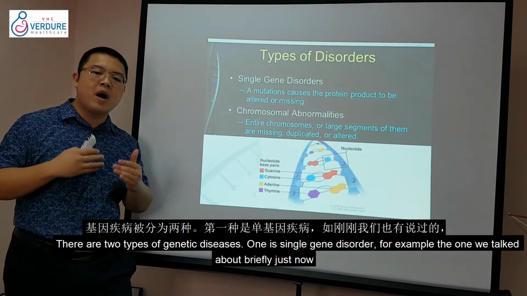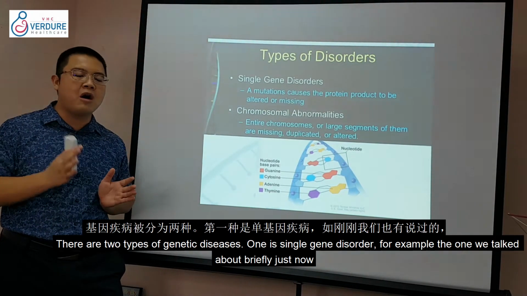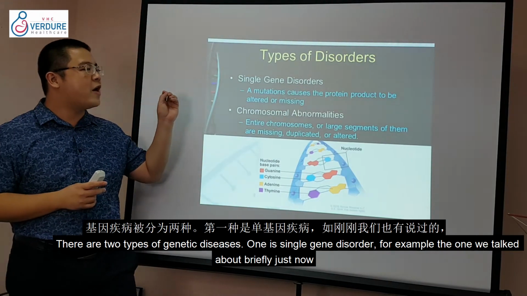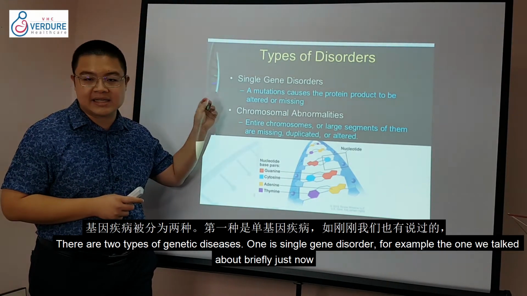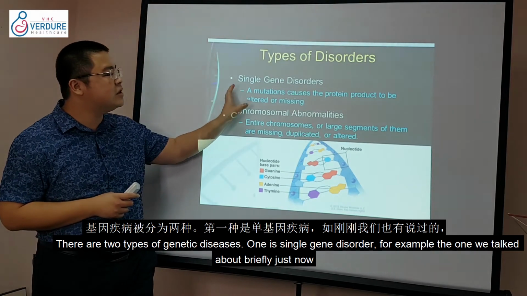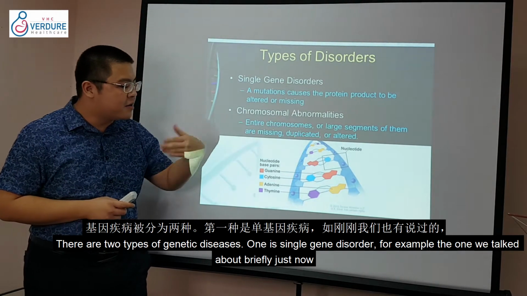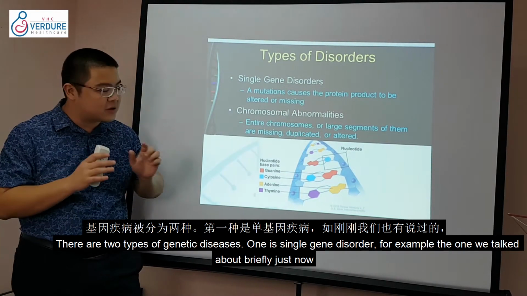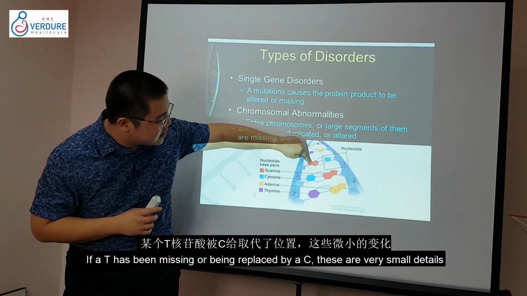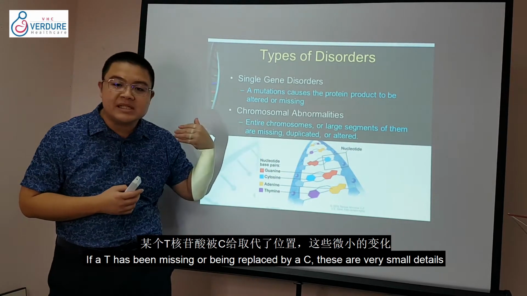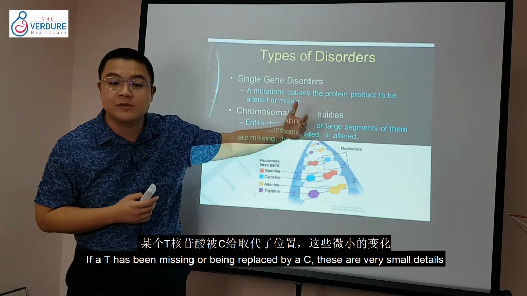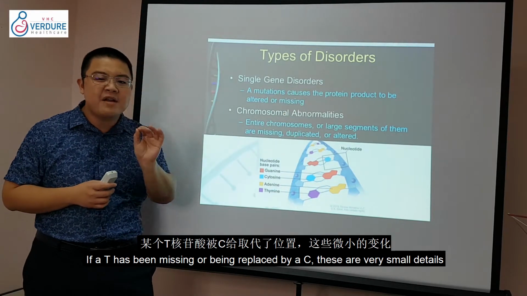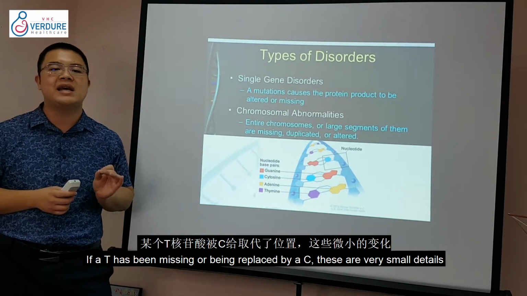Okay, let me give you one more refresher before we step onto chromosome 6. There are 2 kinds of genetic diseases. One is single gene disorders. For example, the one we talked about briefly just now, if a G has been missing or an A has been replaced with a C, these are very, very small details.